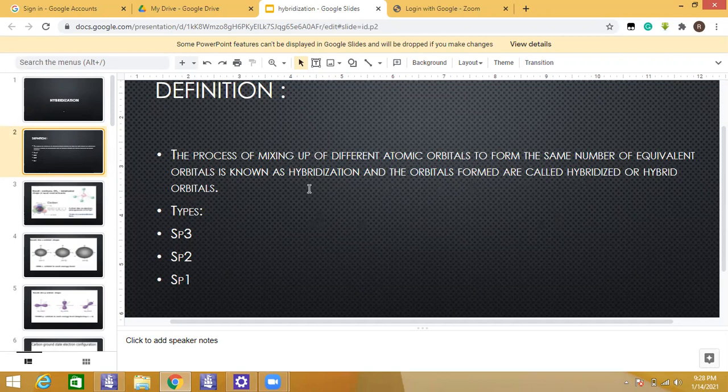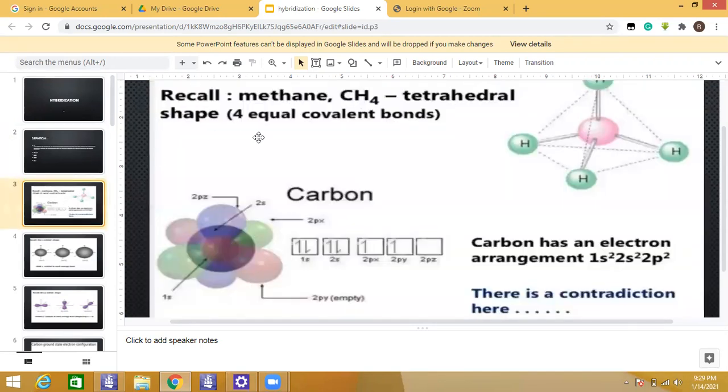There are many types of hybridization, but here we'll discuss sp3, sp2 and sp1. So take an example of methane. First we are considering sp3 hybridization.